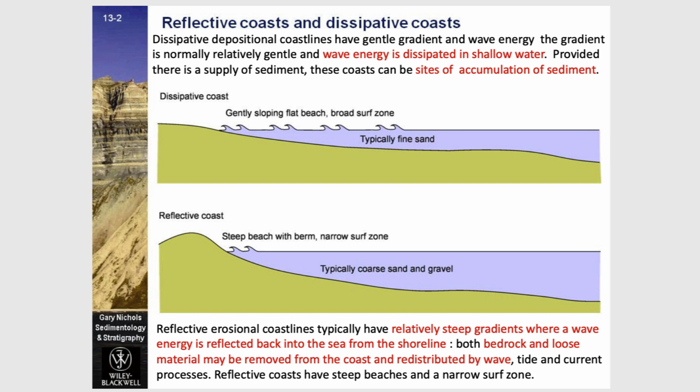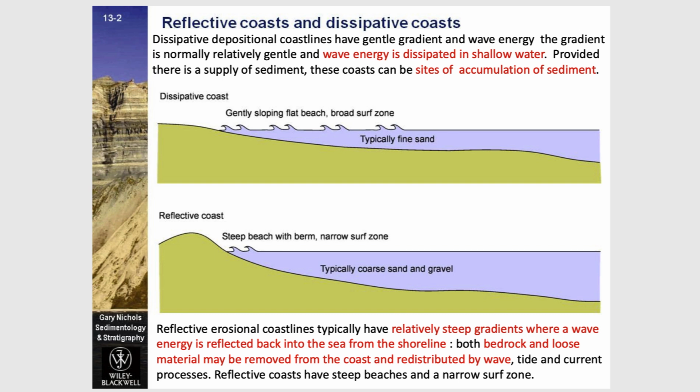So we have a variety of features that we can form. We're going to review some of the features for these dissipative coastlines versus reflective coastlines, which are much more erosive, and so they can remove from the coast quite a bit of material because of the increased effect of wave action.